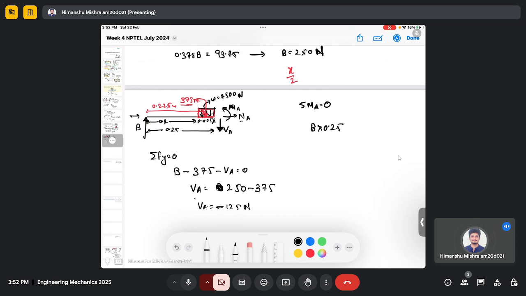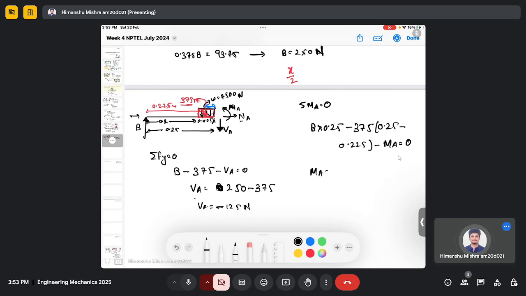Then it is due to the 375 Newton force, and it is anti-clockwise, so minus 375, and it has a distance, this blue color line is the perpendicular distance, and this distance is 0.25 minus 0.225. Then moment at A, MA equals 0.